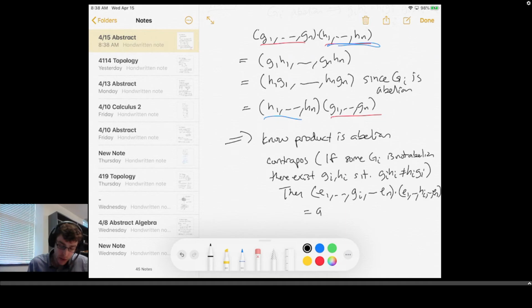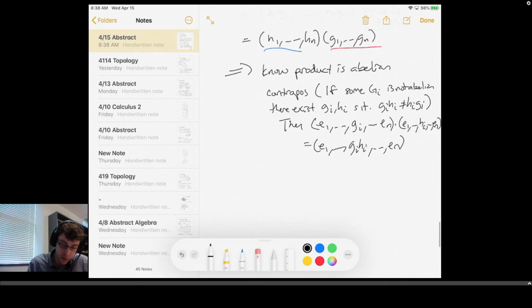Well, this is going to be equal to the e's in each coordinate, and then g_i h_i, down to en. But then this would not be equal to all e's, h_i g_i, by our assumption, which would be flipping the direction.